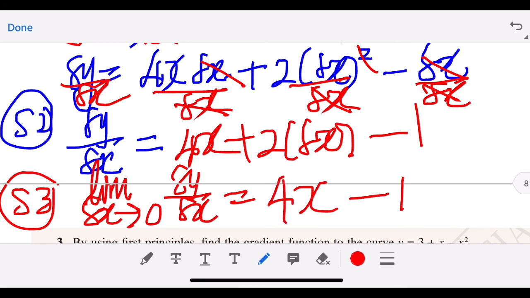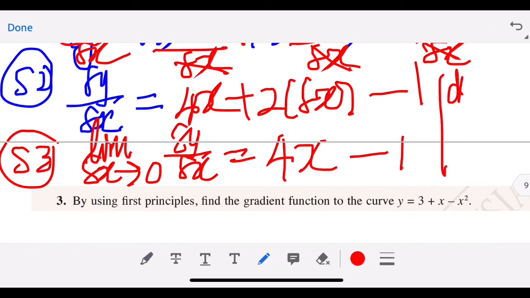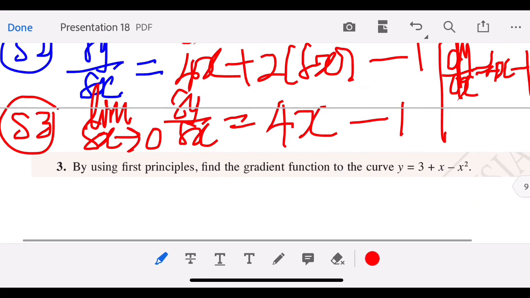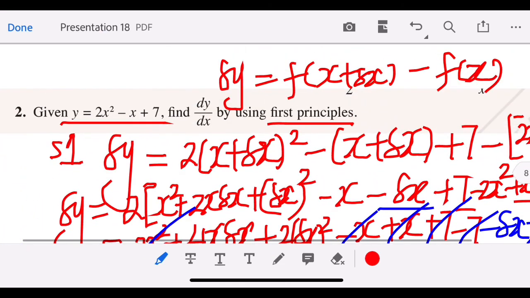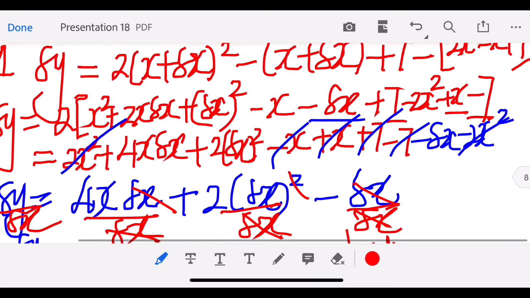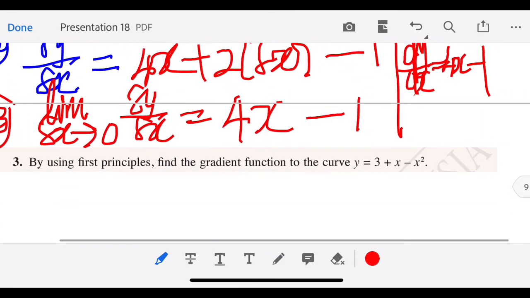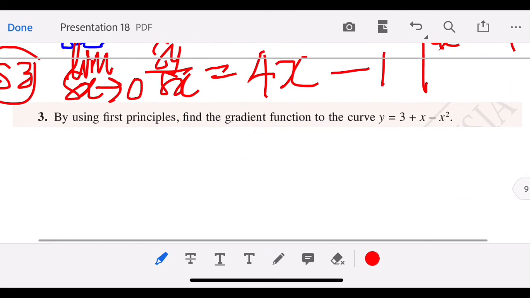So that is actually the answer: dy dx is equal to 4x minus 1. Alright, so that is how you solve question 2 using the first principle. Okay, make sure you do it carefully, double check, and follow the 4 steps.